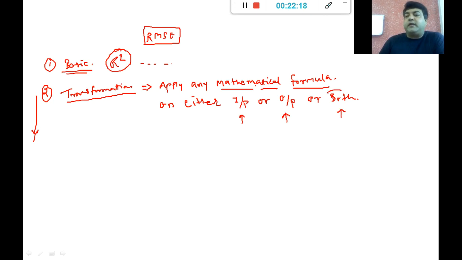When I say both, a lot of people ask me that if I am using one mathematical formula on my input variable, should I apply the same formula on the output variable? No. You can apply different mathematical formulas to transform the values of your input and output variables. What is the objective? Why apply this?